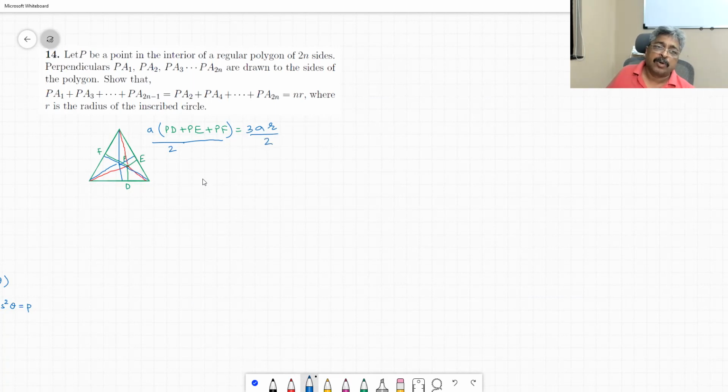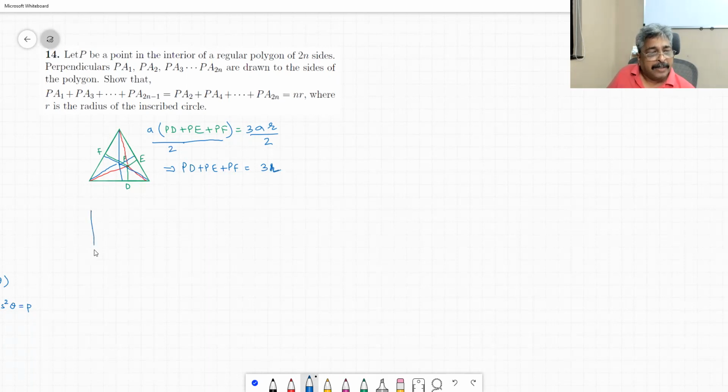This is the total area of the equilateral triangle divided into 3 congruent triangles by joining the incenter. Therefore PD plus PE plus PF is equal to 3R, which was our height. Anyway, it was in terms of height, and therefore this is what we get.